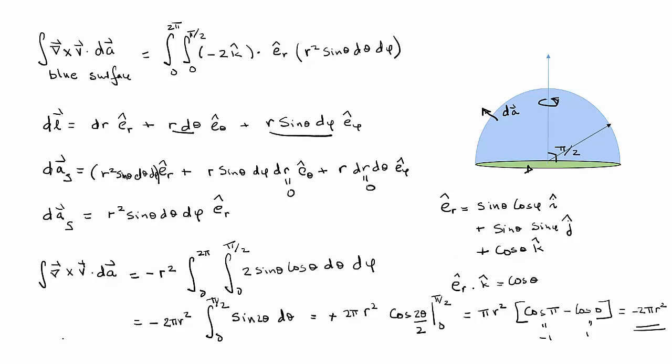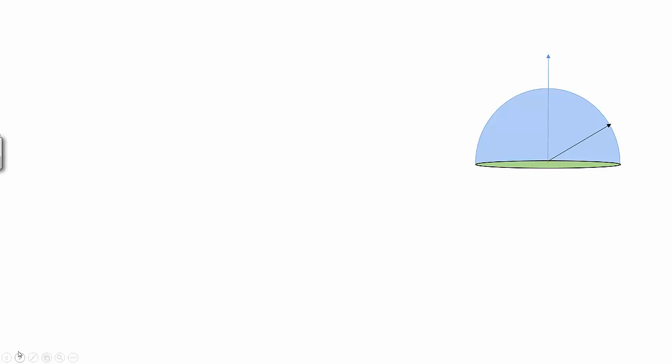So let's do exactly that. So integral of v dot dl, the closed integral, it's a closed circle. This is a black circle, just to be clear.